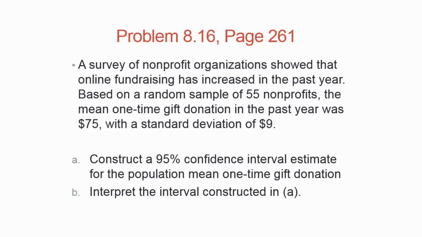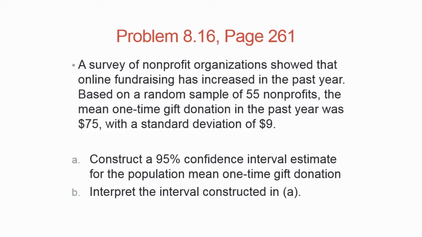It's important to recognize that the standard deviation of $9 came from the random sample of 55 nonprofits. It was not given to us, so it's the sample standard deviation, which is S, rather than sigma, the population value.